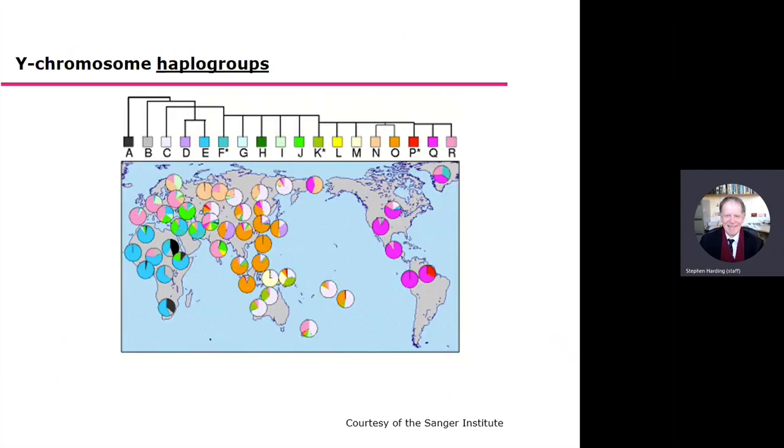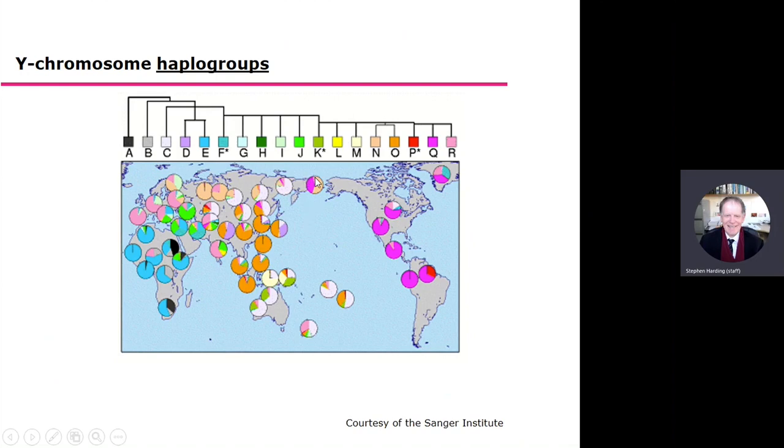And this is the sort of variation you get with the main haplogroups across the globe. These variations are caused by rare single nucleotide polymorphisms, and these are the major haplogroups. You can see how they're distributed differently across the globe. So Africa got A, I think, for Adam. That's what they say.